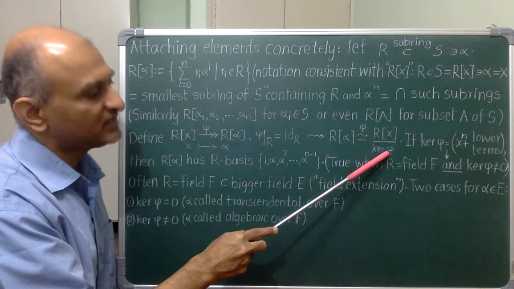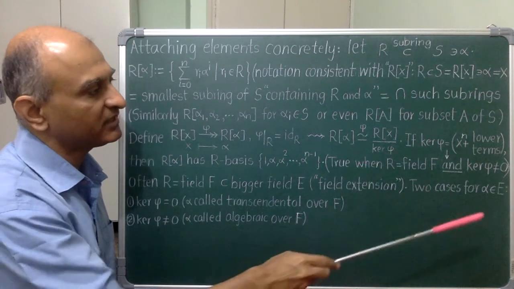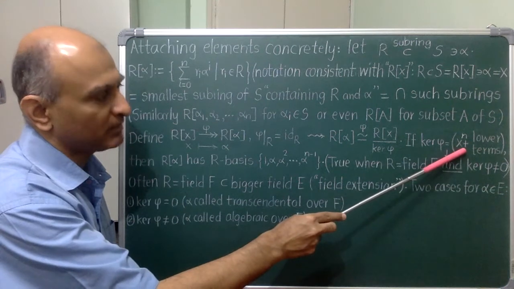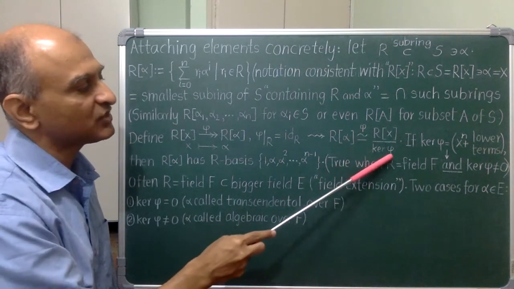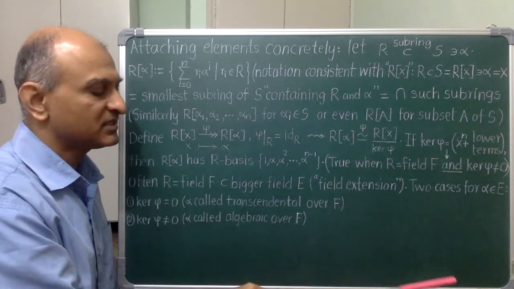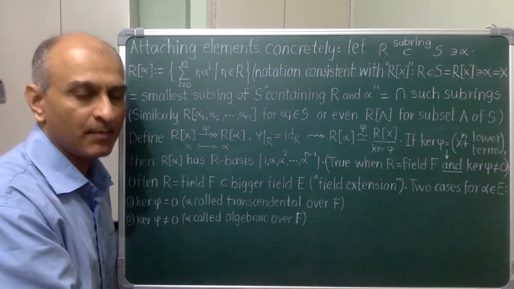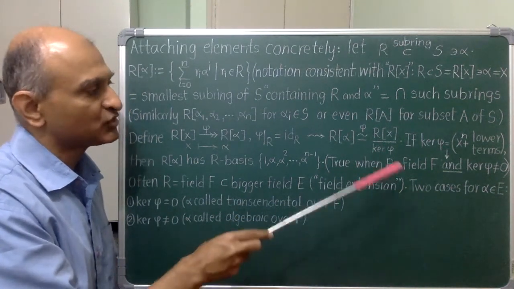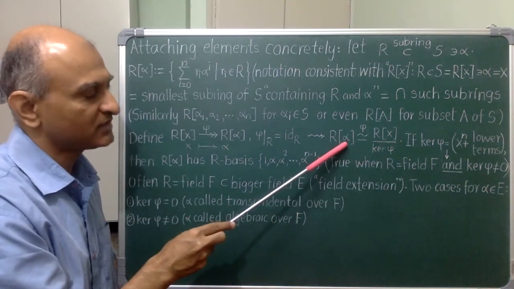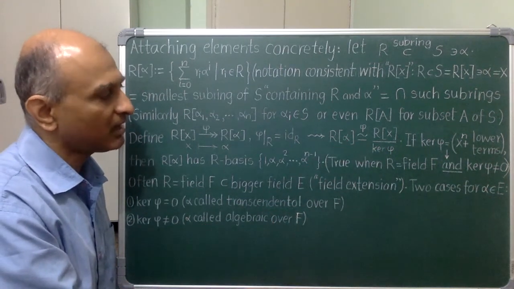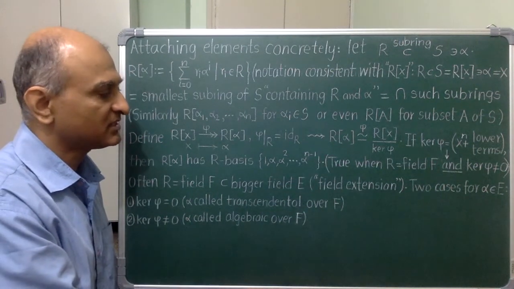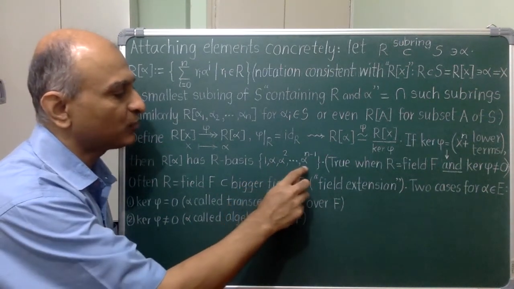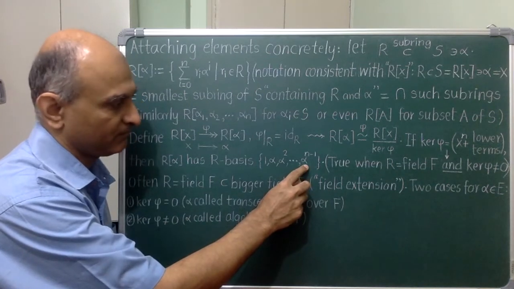Now, if this kernel happens to be generated by a single monic polynomial of degree n, then I know a very nice basis of this quotient ring consisting of powers of x up to n minus 1. So, by this isomorphism, I get a nice R basis of R adjoined with alpha consisting of powers of alpha up to alpha to the n minus 1.